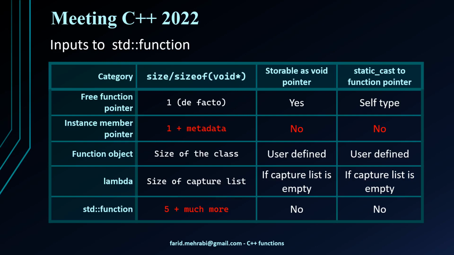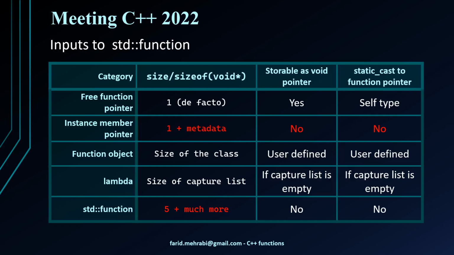As we have discussed earlier, these types of pointers can be stored in the memory required to store a single void pointer. One way or another, through casting to void pointer or not, we can find a way to store this type of callables in a single void pointer.